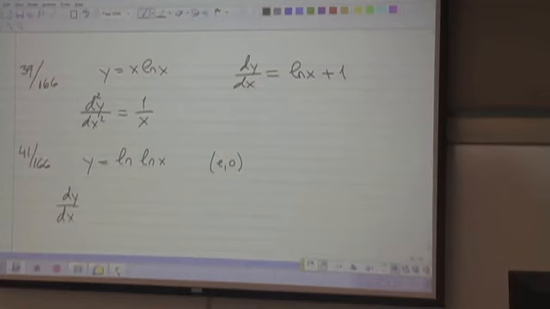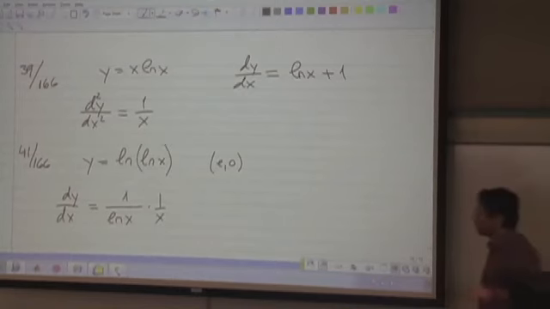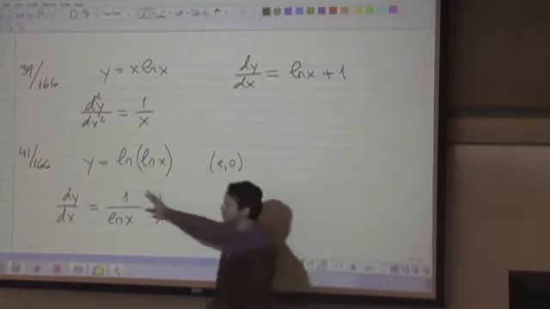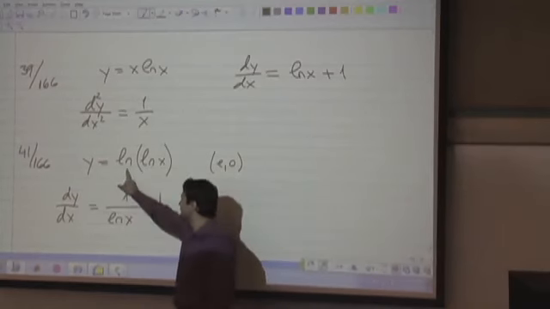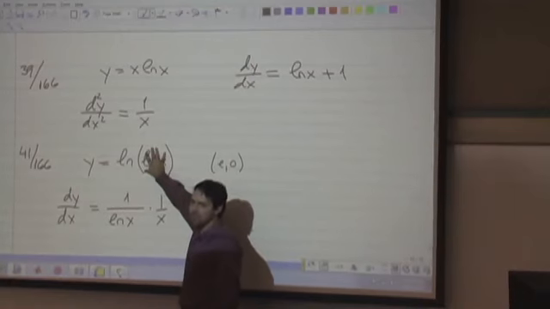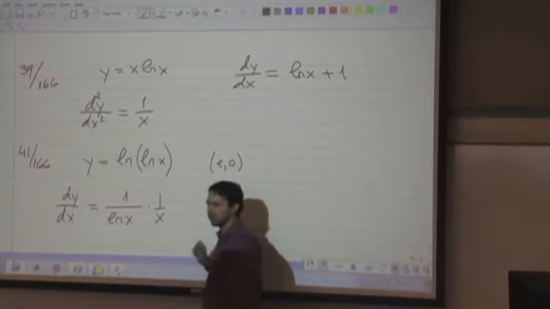What is the derivative of ln of x? 1 over what? Times 1 over x. Chain rule. The derivative of the first ln, maybe I should have color coded it, is just 1 over the parentheses times the derivative of the parentheses, which is just 1 over x.